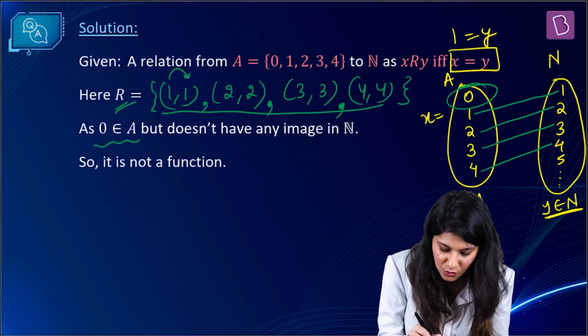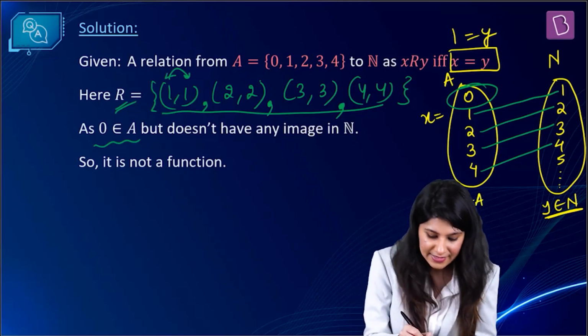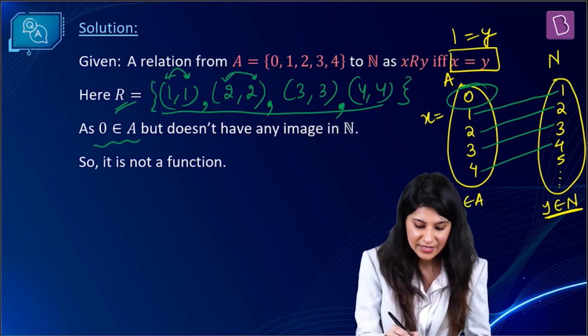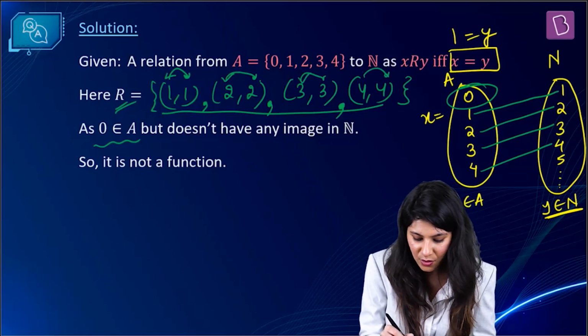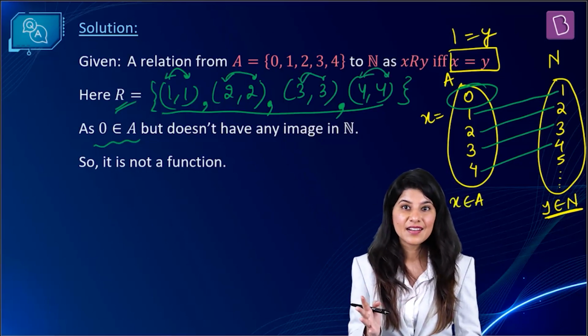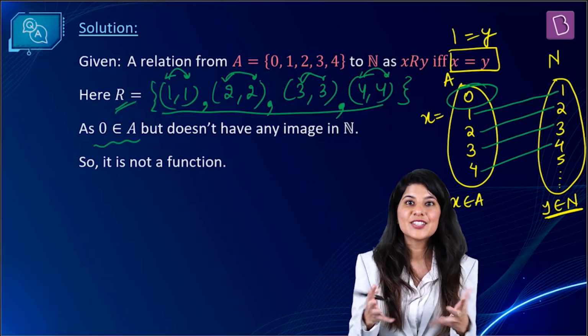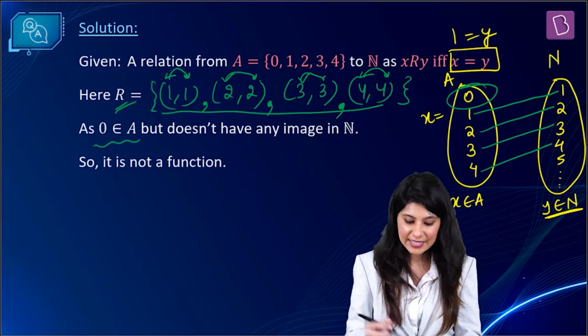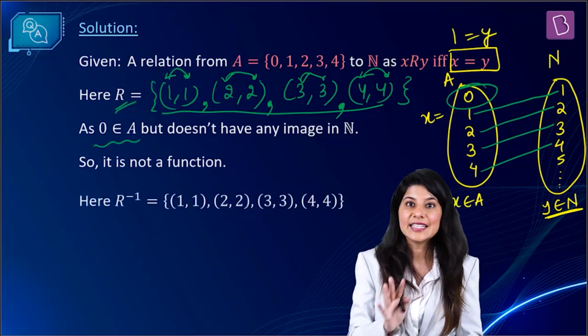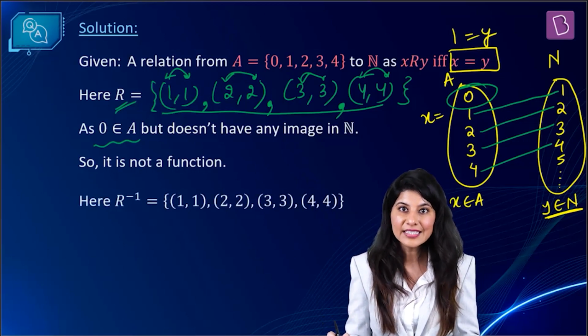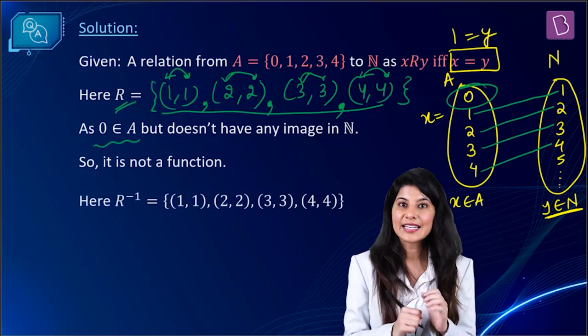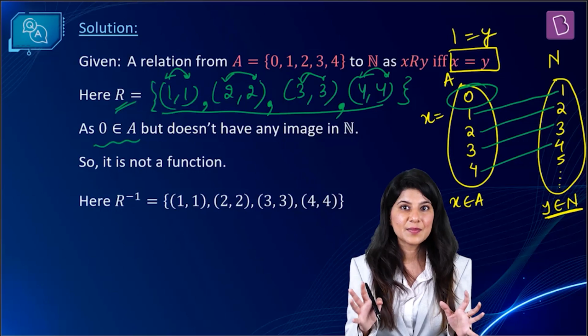Yes, these two will get interchanged, these two will also get interchanged, and so on for all four. But what I can see here is that interchanging will not affect the relation. R inverse will be exactly the same as R, right? The ordered pairs are similar.